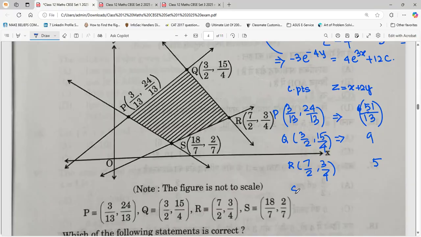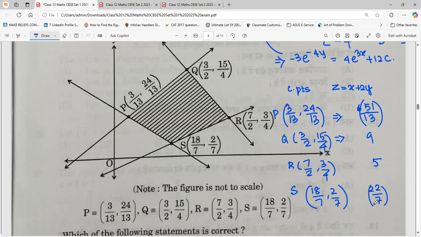And for point S, it is 18 by 7, 2 by 7. If you take 1 by 7 common out, it becomes 18 plus 2 times 2, which is 4, 22. So it becomes 22 by 7.